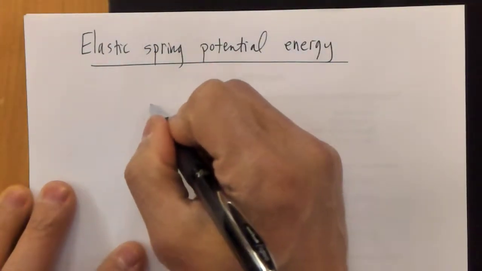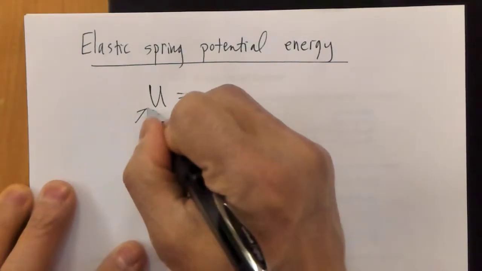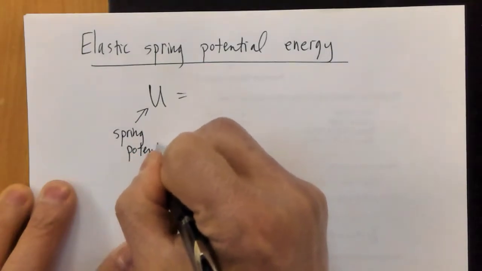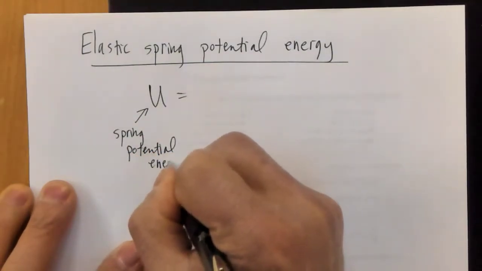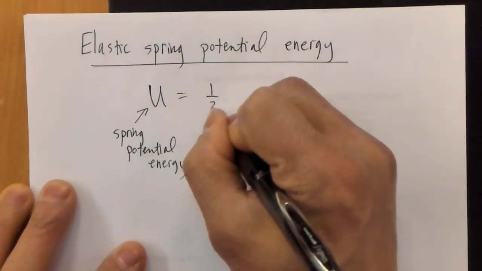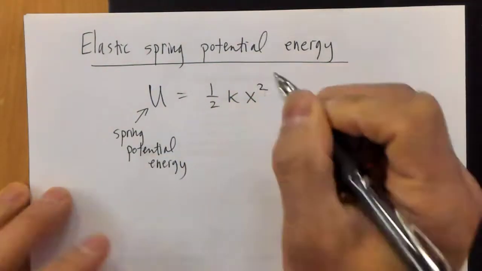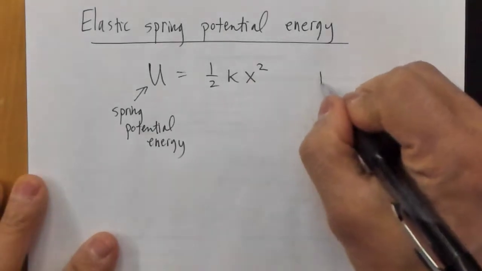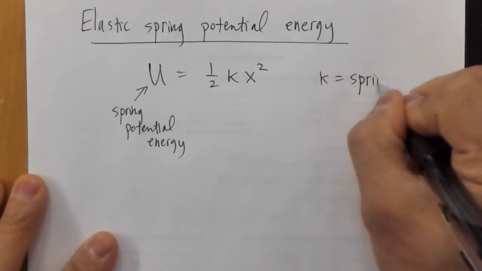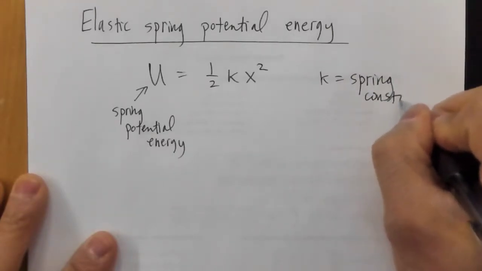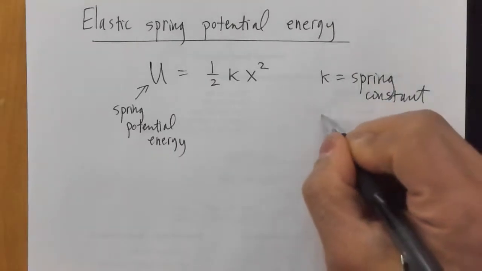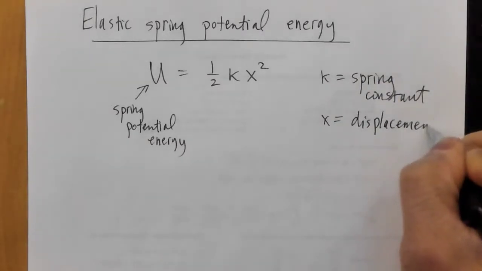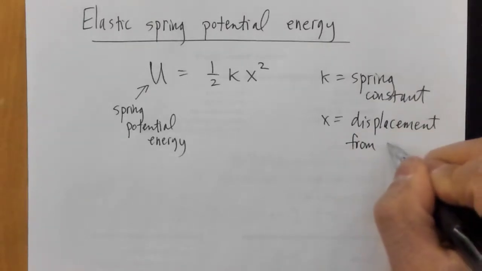And the formula is that the spring potential energy is 1/2 k times x squared, where k is the spring constant, okay, and x is the displacement from the relaxed position.